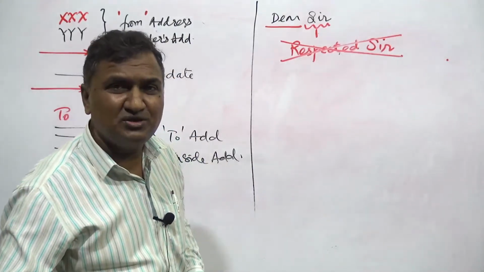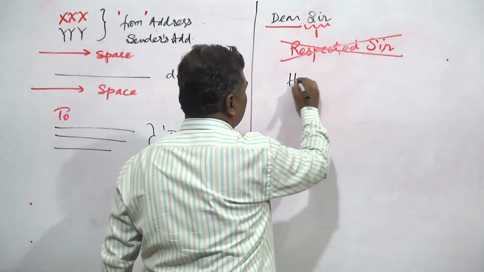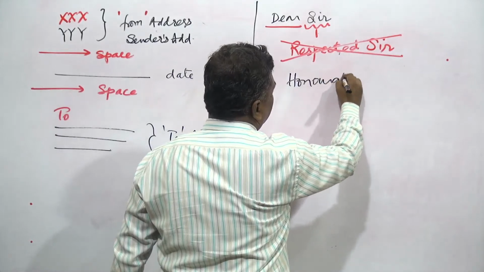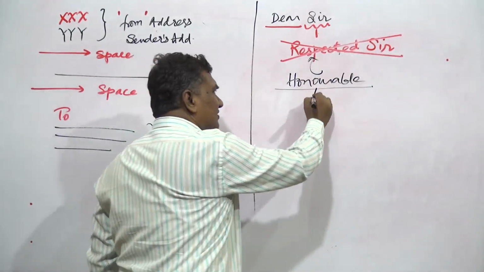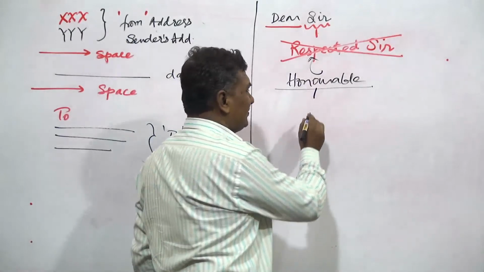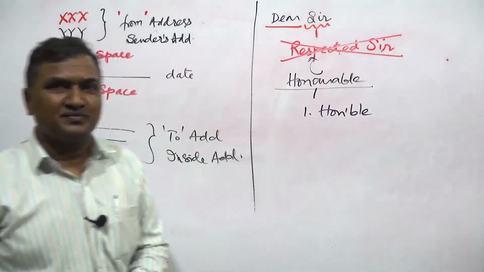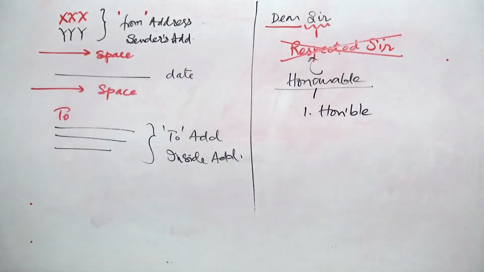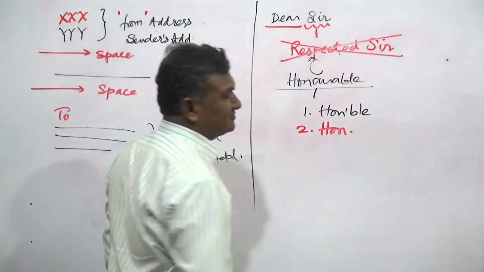And in some cases, still you feel, sir, I would like to give more respect to the fellow. In that case, there is another provision. You can write honorable. You can replace this respected by honorable. And this honorable is abbreviated. How is it abbreviated? In two ways. One is HONBLE. Honorable. Another one is HON.